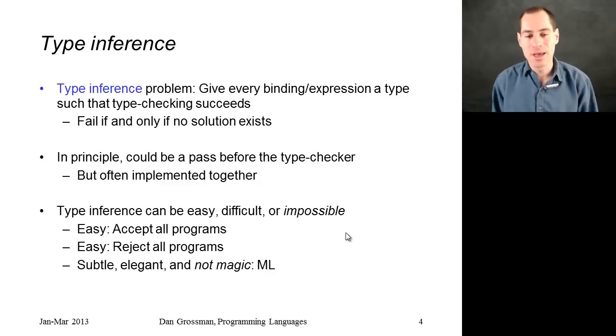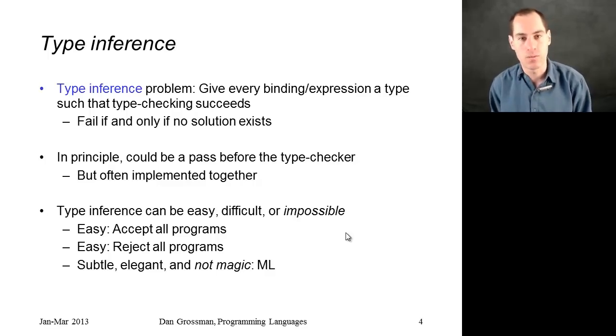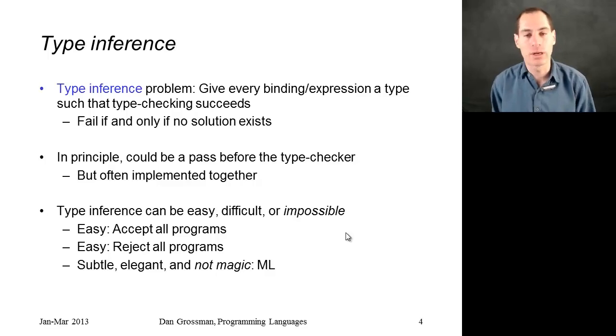Just say yes. If no program type checks, that's also easy to infer. Just say no. So type inference doesn't get easier or harder necessarily by having a type system that accepts more programs or accepts fewer programs. It's not so simple to figure that out. This is part of the difficulty of language design if you want type inference.